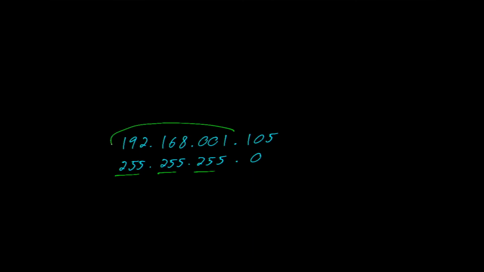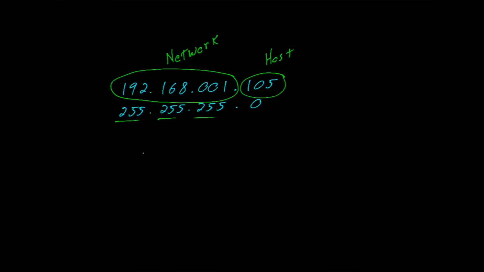This piece of the IP address would be the network ID, and this number would be the host ID. To be fussy, this network is described as the 192.168.1.0 network.